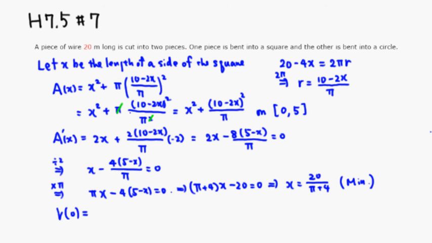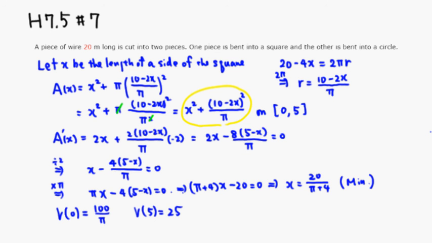So x equals 0, plugging into this equation. You have a 0 here, so it's 10 squared, so you get 100 over pi. That's what you get when you use all circle, and all square would be using 5, and 5 times 5 is 25.